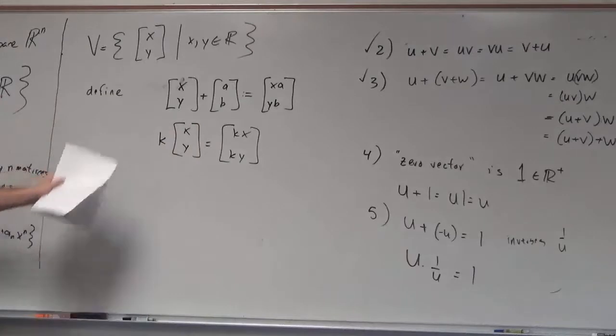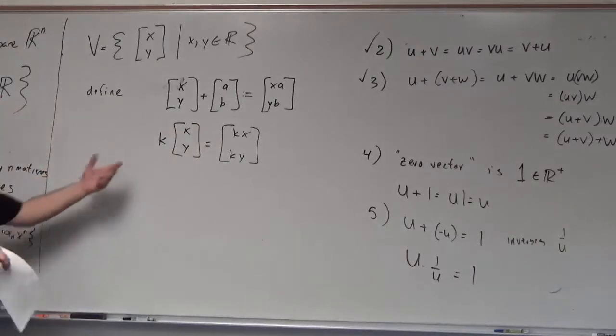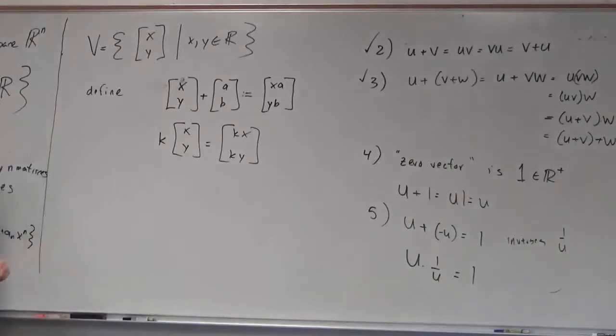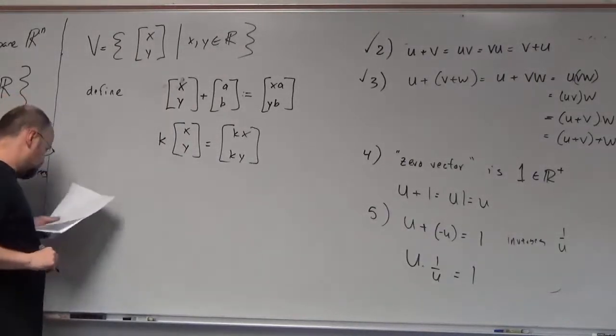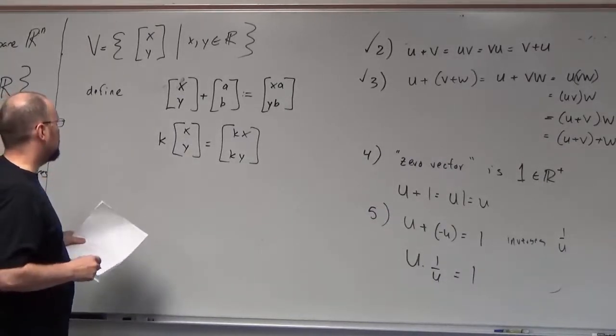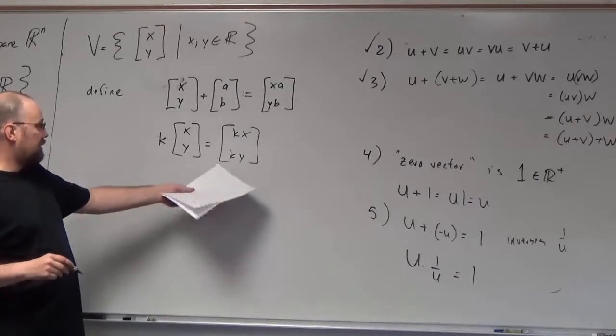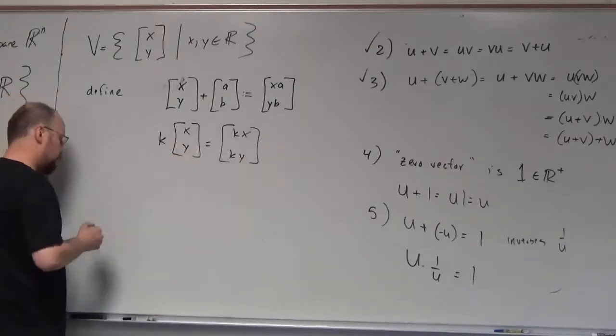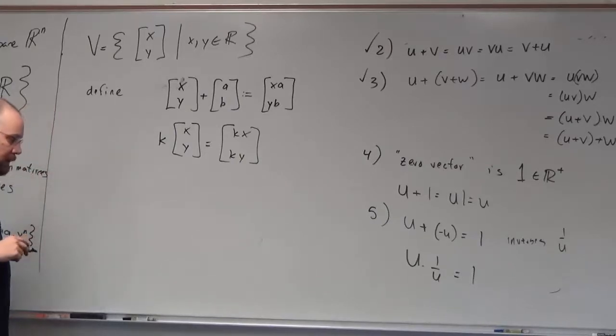Maybe I should just leave the word define there, because by definition, that's the way we add these ordered pairs. It's clearly closed under scaling as well, because that's just the standard operation of scaling. So we have closure, but what about the zero vector?